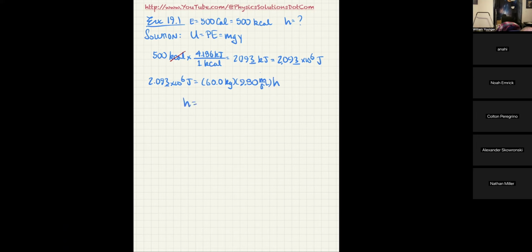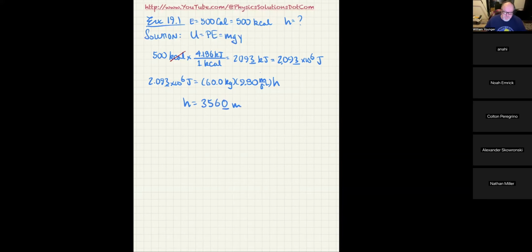And then if I solve for h, I'm taking the 2.093 times 10 to the 6, and dividing it by parenthesis 60 times 9.8, close parenthesis, and that gives me 3,560 meters. So about 3,600 meters if we really wanted to choose two sig figs.